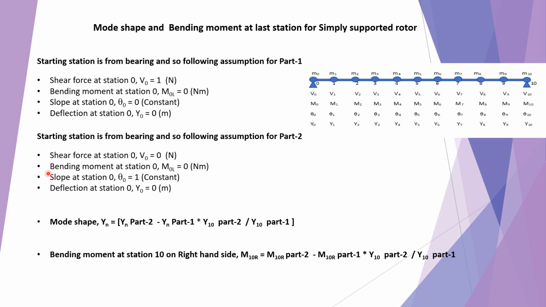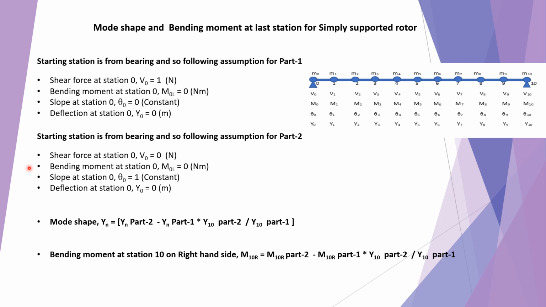Similarly for part 2, shear force at station 0, V0 is 0. Bending moment at station 0 on left hand side, M0L is 0. Slope at station 0, theta 0 is 1. Deflection at station 0, Y0 is 0. So for the mode shape, Yn is equal to Yn part 2 minus Yn part 1 into Y10 part 2 upon Y10 part 1.